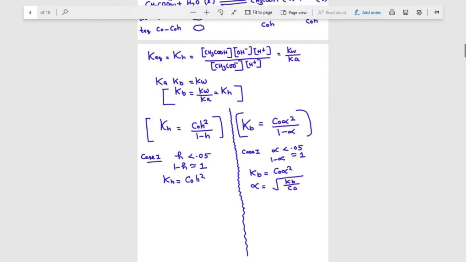From here the degree of hydrolysis is equal to the square root of Kh upon C naught. And we have proved that Kh is equal to Kw upon Ka. Now, due to hydrolysis of the anion, there is formation of OH minus, and the concentration of OH minus is equal to C naught into H.